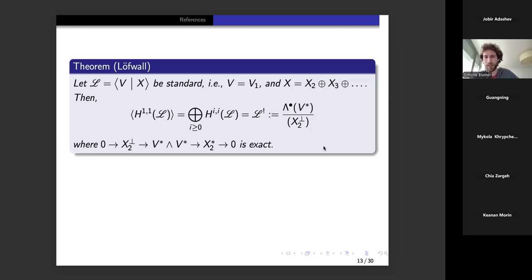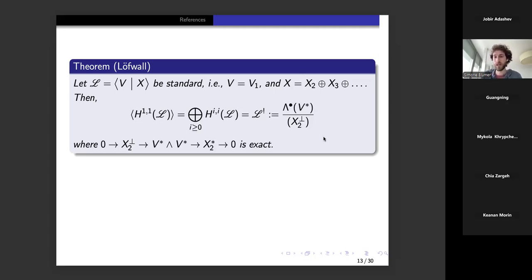So the first interesting fact about this is that if you take two standard Lie algebras with the same generating space and same degree 2 component of the relation space, then their diagonal cohomologies are equal, because it only depends on the degree 2 component of the relation space.